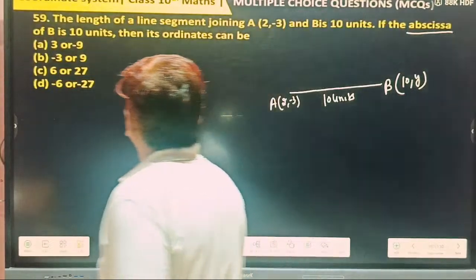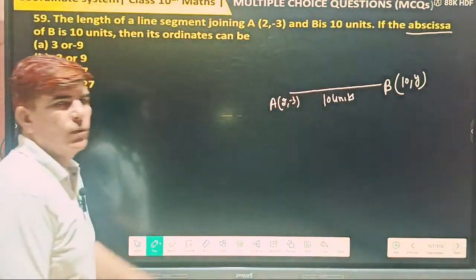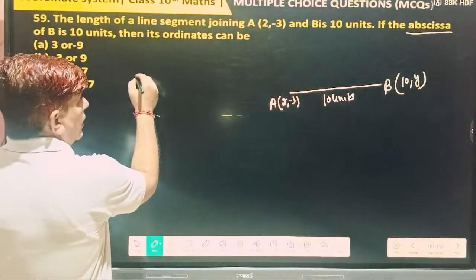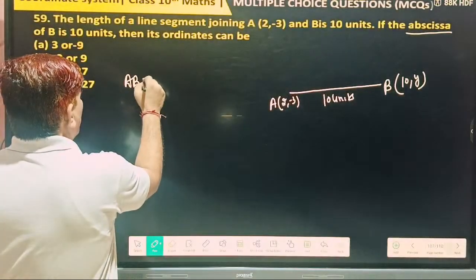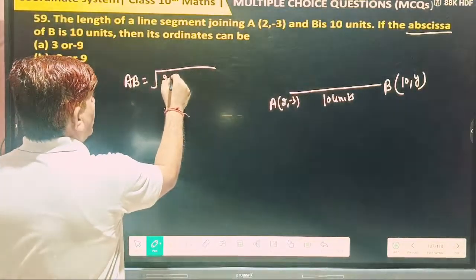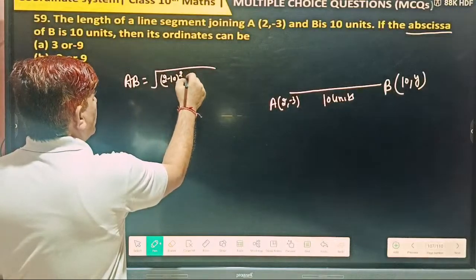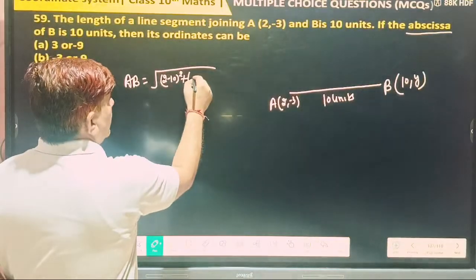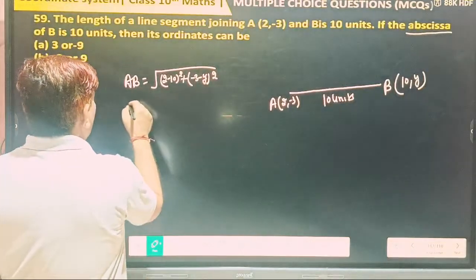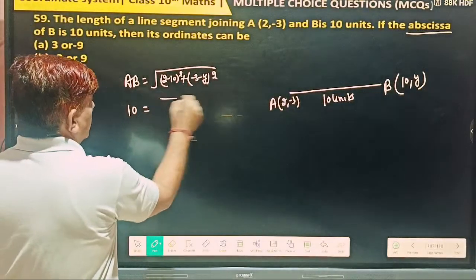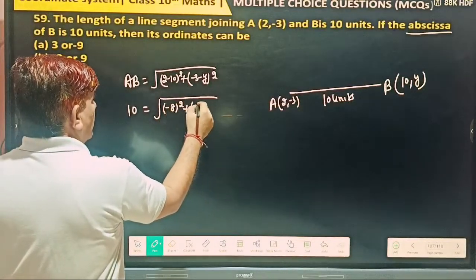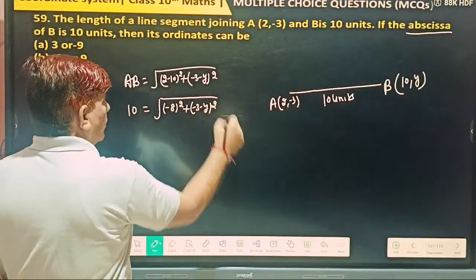Then the ordinate, meaning what's the possible value of y. So AB equal to the square root of (2 minus 10) whole square plus (minus 3 minus y) whole square, and AB equal to 10. So this is equal to (minus 8) whole square plus (minus 3 minus y) whole square.